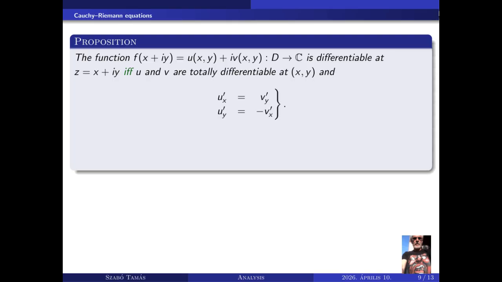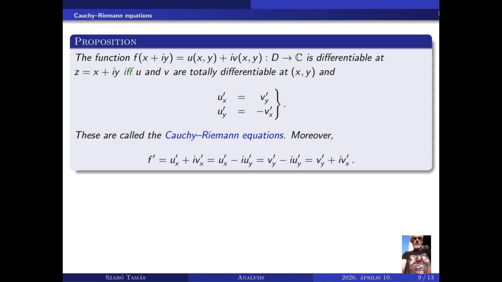These are called the Cauchy-Riemann equations. Moreover, f' equals u_x + i v_x equals u_x - i u_y equals v_y - i u_y equals v_y + i v_x.